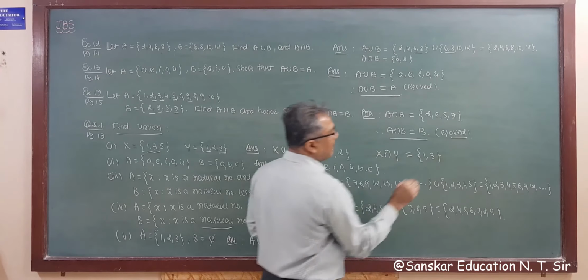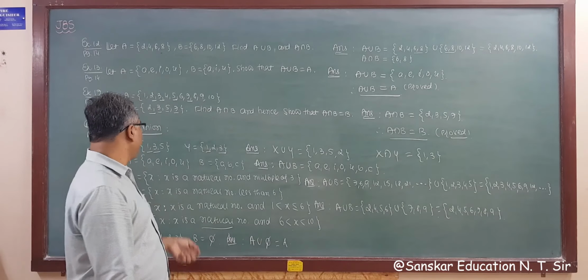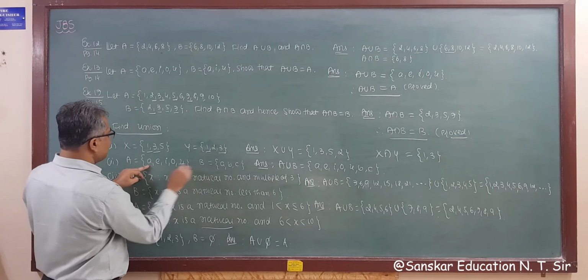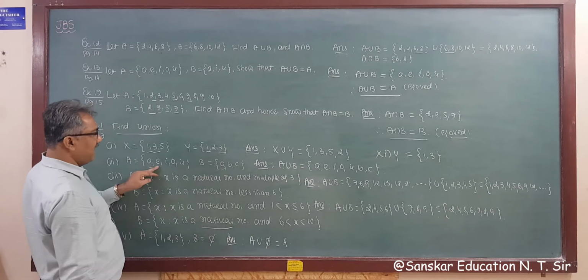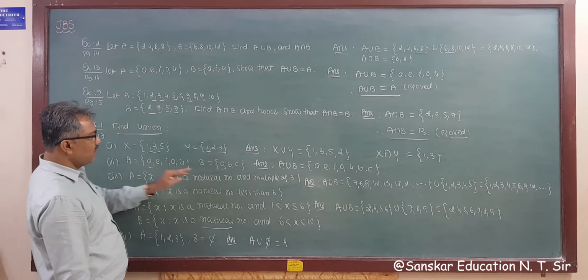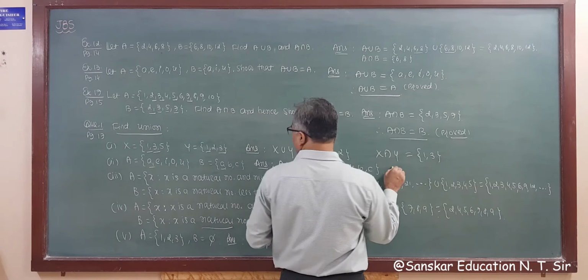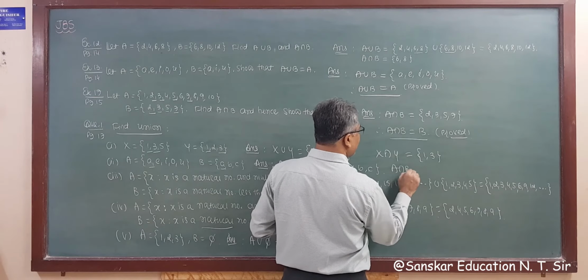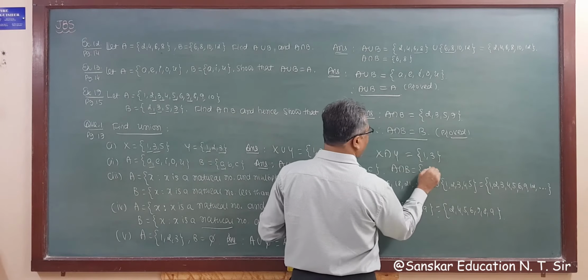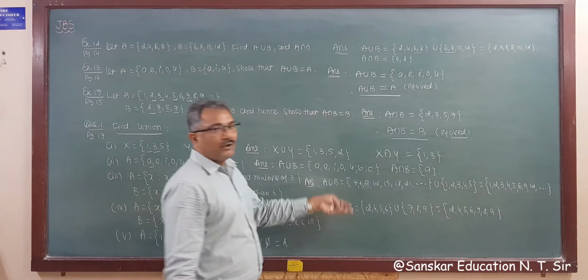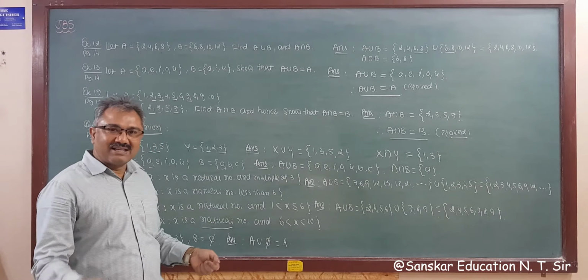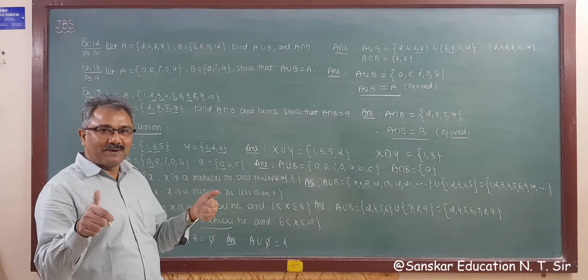For the vowels example, the common elements: A is common, but I, O, U are not. So A intersection B is equal to only A. In this way you have to find all the intersections also. That is homework for you, so practice at home.